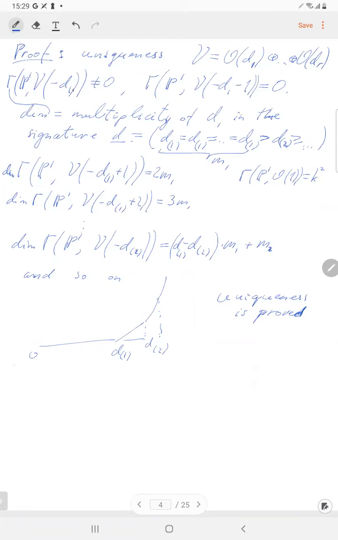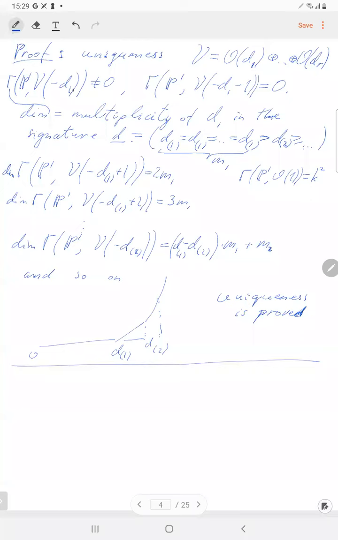On a curve we can take a one-dimensional vector bundle, take one point or another point, say C1 and C2, and take the sheaves O of C1 and O of C2. They are usually not isomorphic. If your curve has genus 1 or more, then these will not be isomorphic. But if your curve is P1, then they are isomorphic. This only works for P1. It doesn't work for higher genus, doesn't work for higher dimension. Thank you.